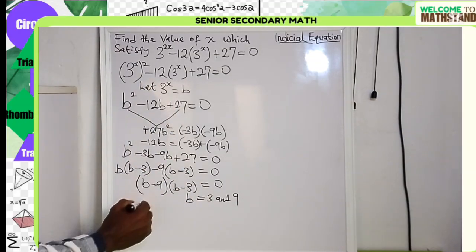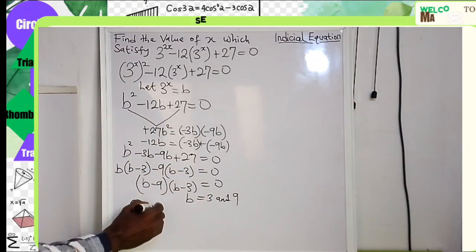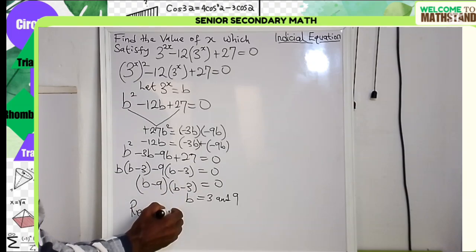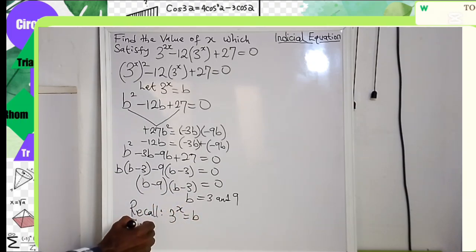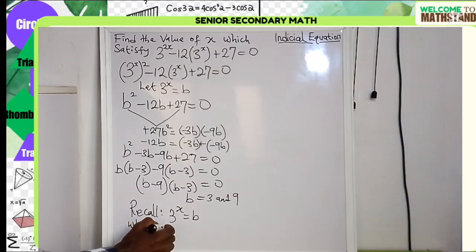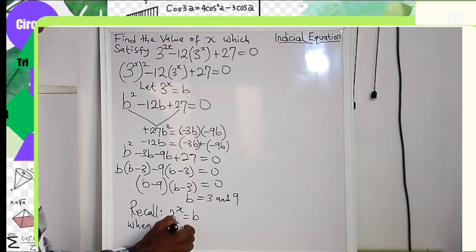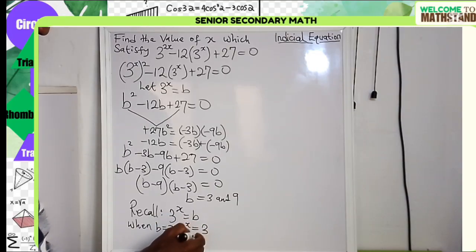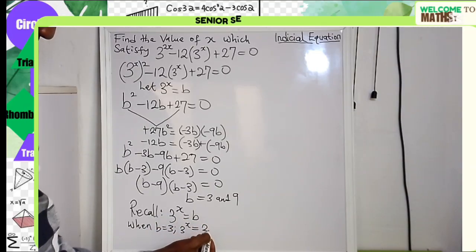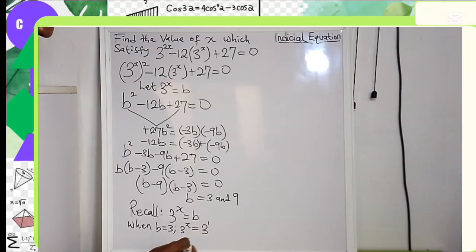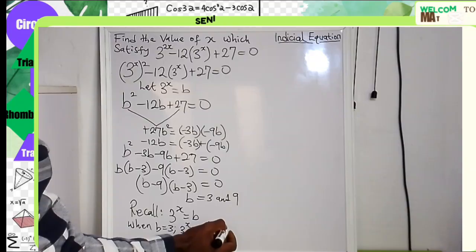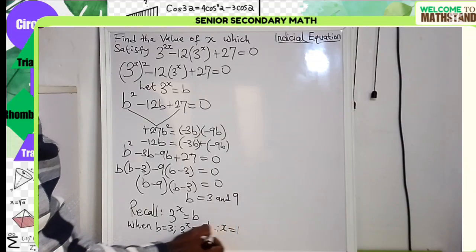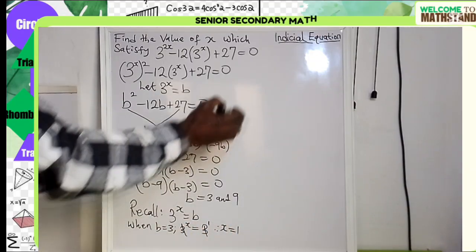So at this point, recall that 3 raised to the power x equals b. When b equals 3, 3 raised to the power x is equal to 3, which is the same as 3 raised to the power 1. So the power here is x, the power here is 1, therefore x is equal to 1.